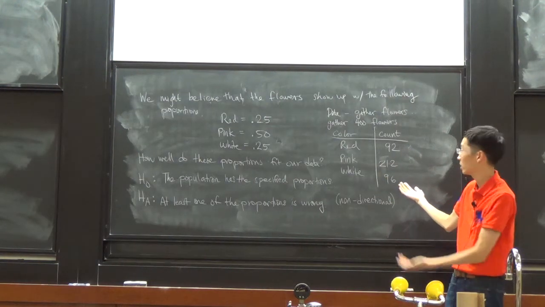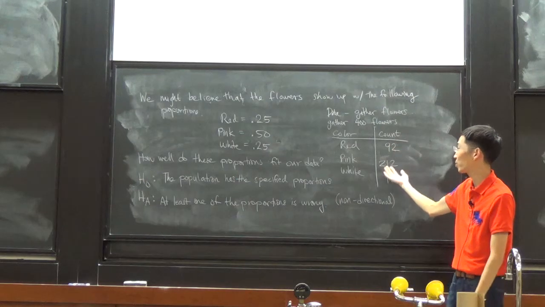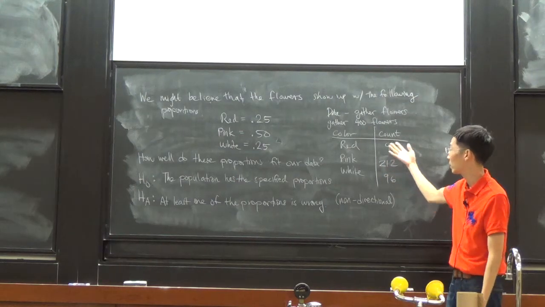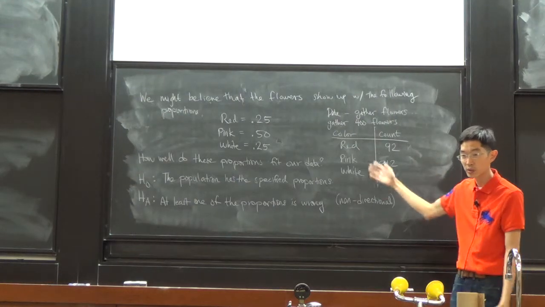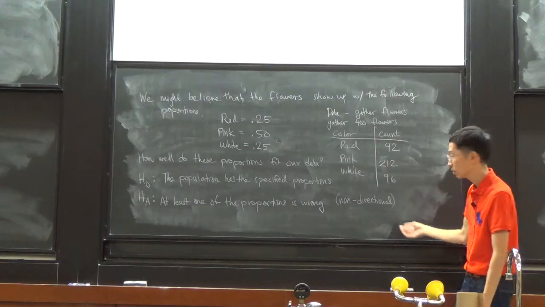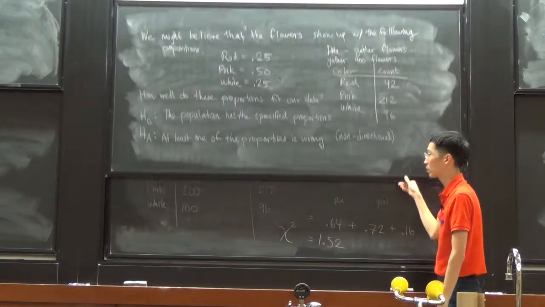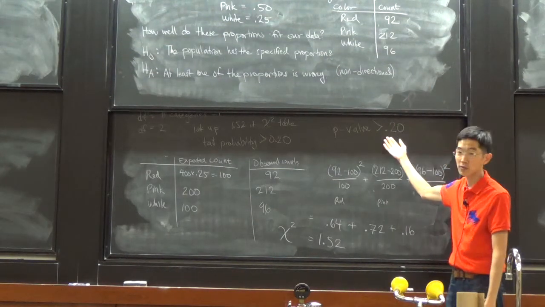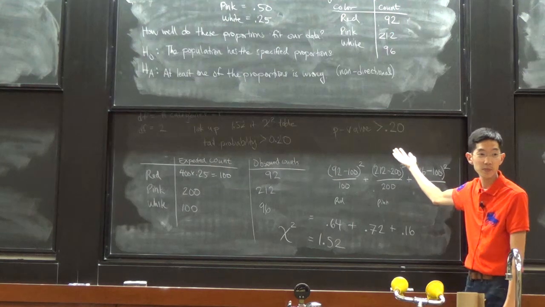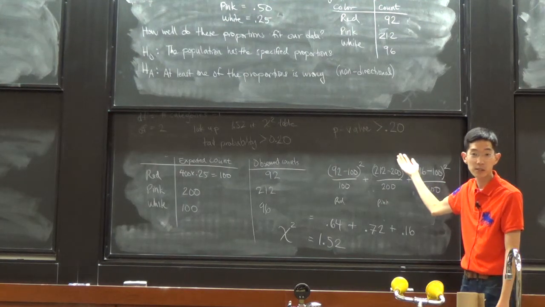Okay? Because here we're getting more pink flowers than we expected and not as many red or white flowers. How unusual is data like this? Well, it turns out, when we go through the math, that we would get stuff like that over 20% of the time. Okay, that's what our p-value tells us.